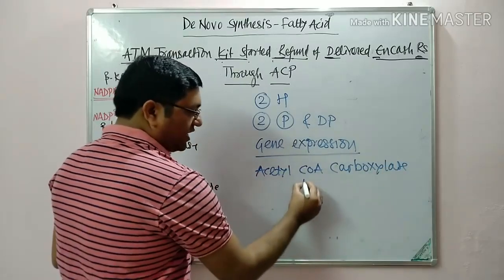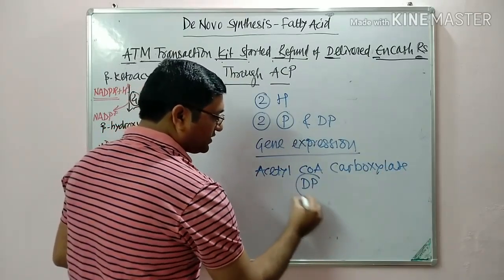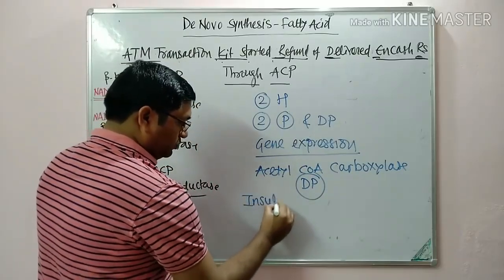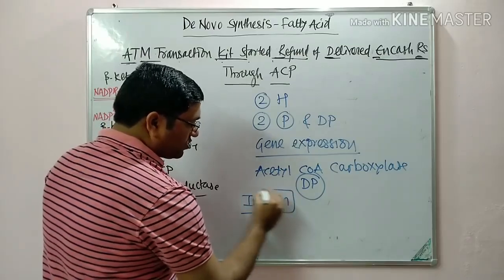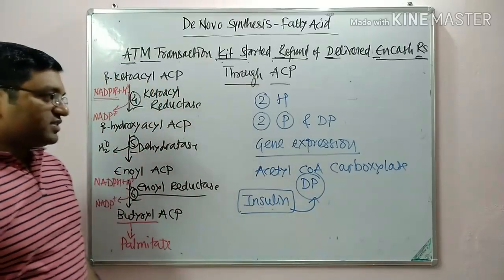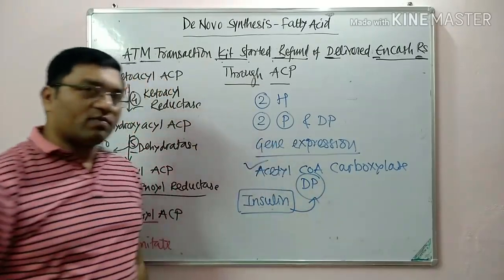This enzyme is active in the dephosphorylated state. Insulin and thyroxine favor the dephosphorylated state formation, hence activate this acetyl-CoA carboxylase.